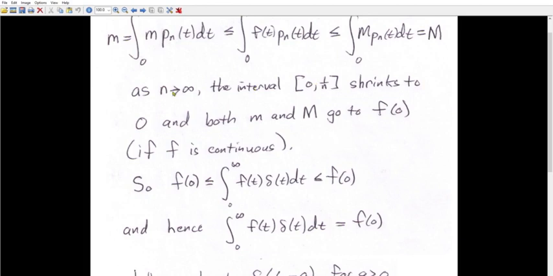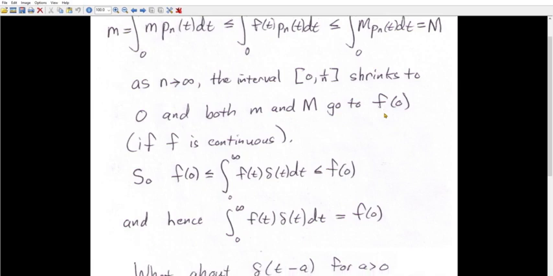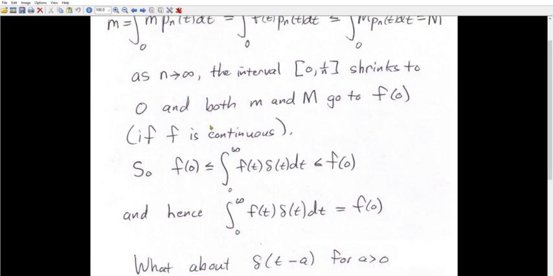And when we look at this interval, as n goes to infinity, it shrinks to 0. Both little m and big M, which are the minimum and the maximum of f on the interval 0 to 1 over n, which is now shrinking to the point 0, both of these values have to go to f of 0, because that's the only thing they could go to if f is a continuous function.